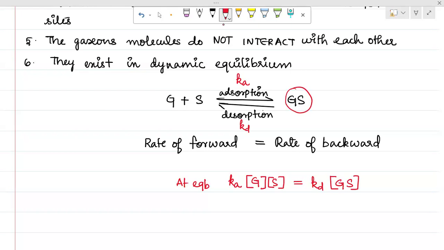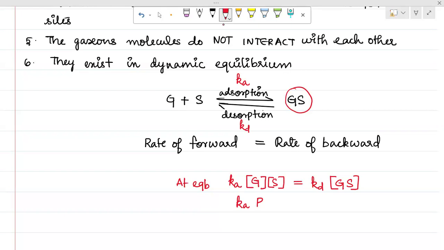Now, pay attention. The concentration of the gas is usually notated by P. Correct? Because that is the pressure of the gas, and instead of G, you can write it as P, which is the pressure of the gas. Okay.